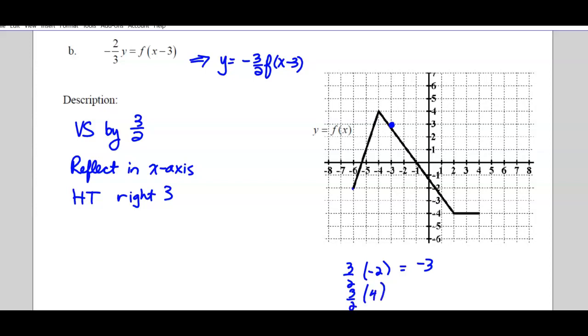Let's see if we get this one right. 6, yeah, 6 to start, and then you reflect it. Exactly. So this point, x value stays the same. Now it's going to be at 6. Then we're going to reflect in the x-axis, so now that's going to be at negative 6. Then we go to the right 3, and then we join that up.